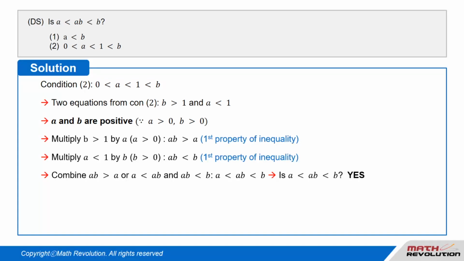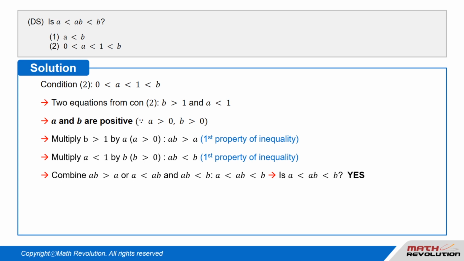Now we can multiply B is greater than 1 by the positive quantity A to get A times B is greater than A, by the first property of inequality. Also, we can multiply A is smaller than 1 by the positive quantity B to get A times B is smaller than B, by the first property of inequality.